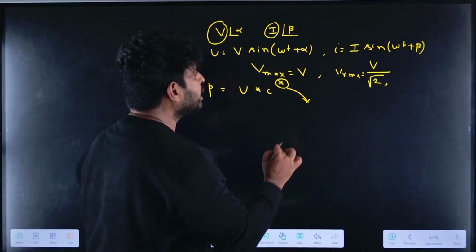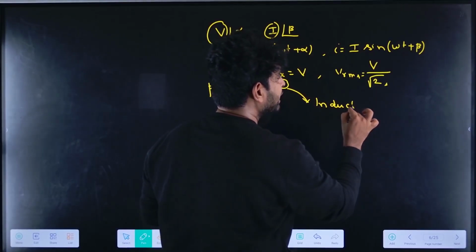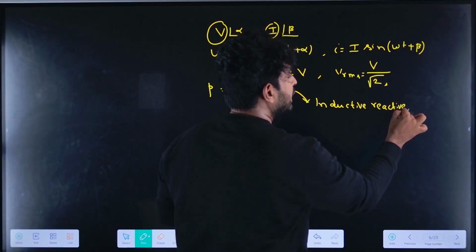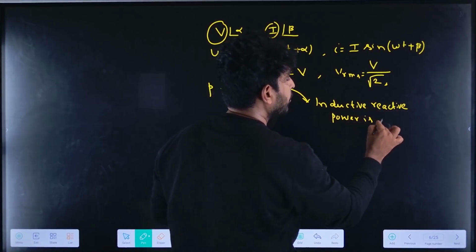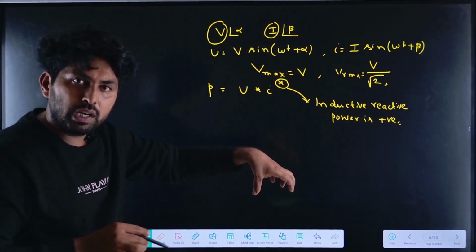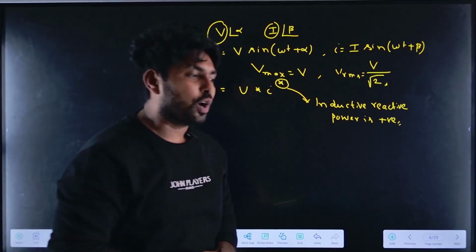That is, inductive reactive power is positive. To make this condition true, we are taking the conjugate of I.